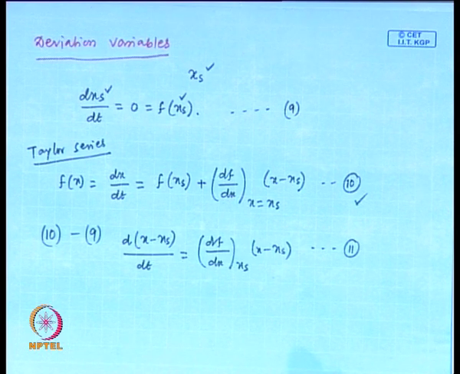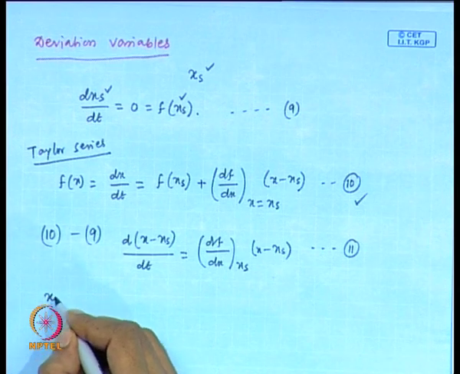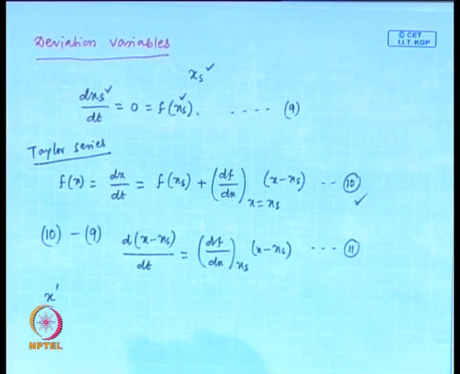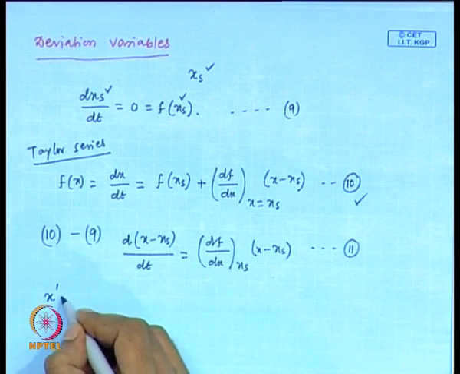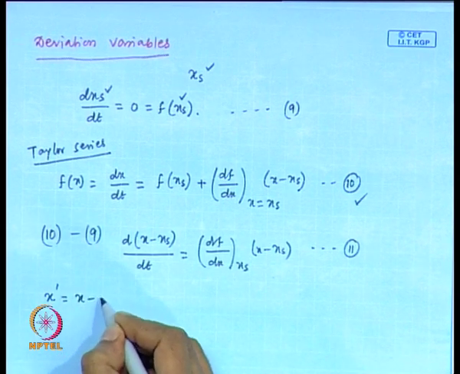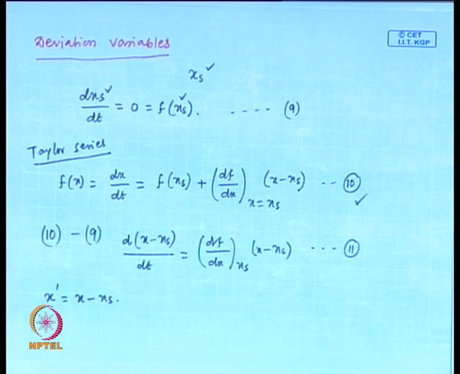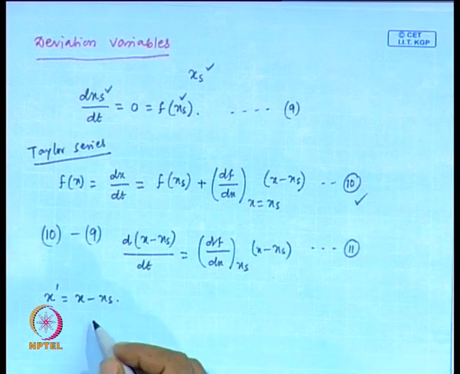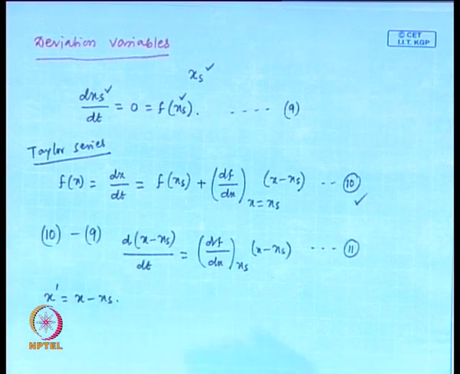Next, we will consider one deviation variable that is represented by x prime, equal to x minus xs. x prime is the deviation variable and that is equal to x minus xs.